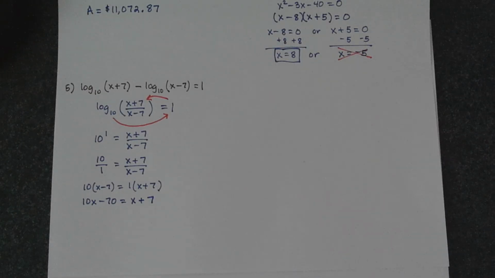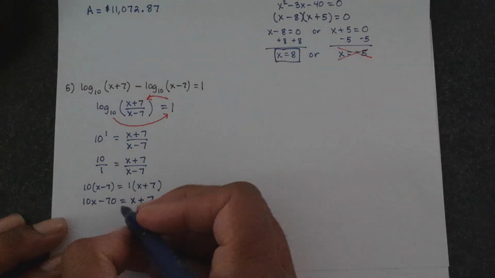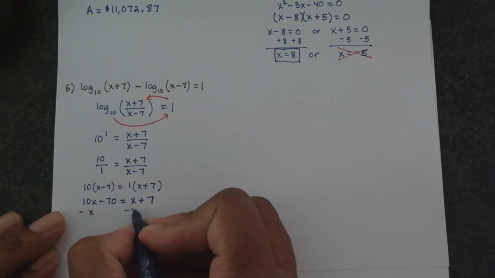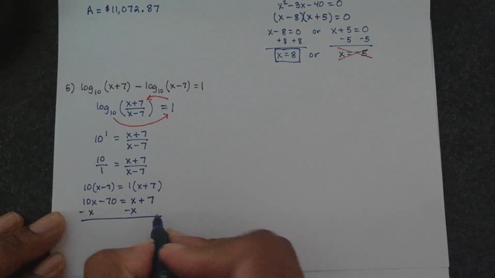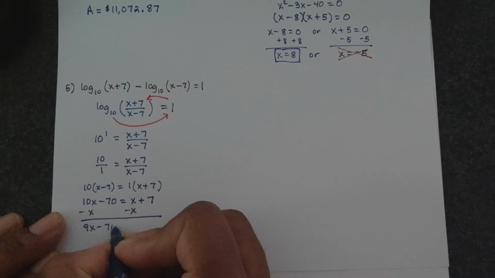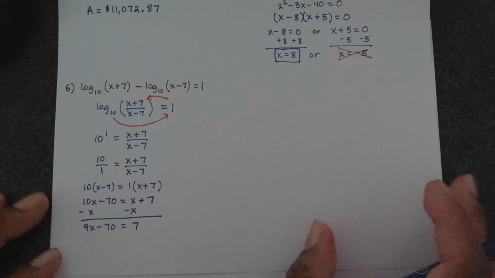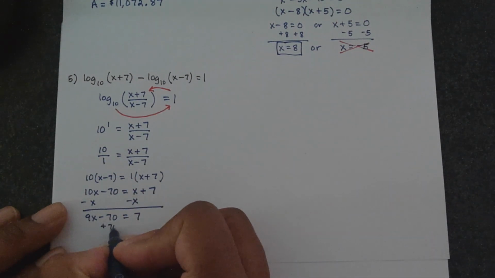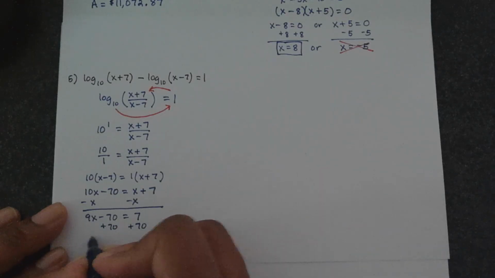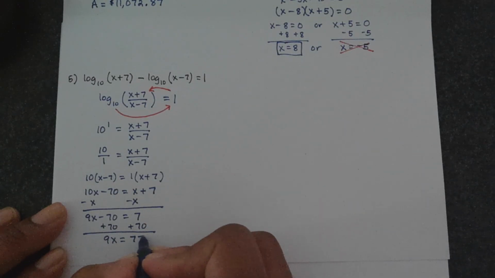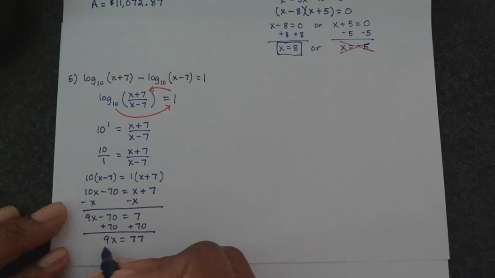Then the next step would be to get all the variables on one side and the numerical terms on the other side. So let's move that x over to where 10x is by subtracting x on both sides. So 10x minus 1x, that's 9x, minus 70 equals 7. And then to get the 9x by itself, we add 70 to both sides. So 9x is equal to 77.